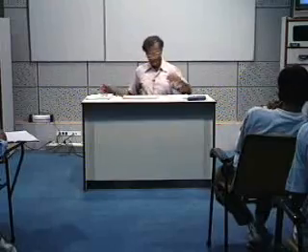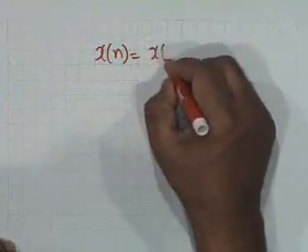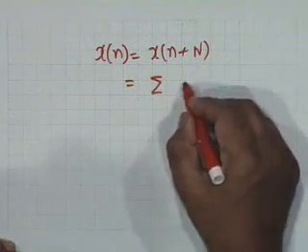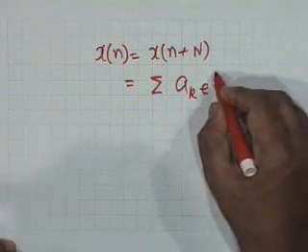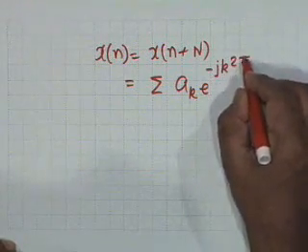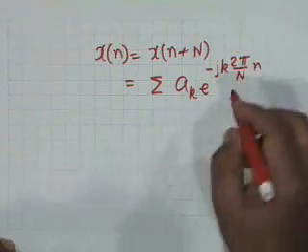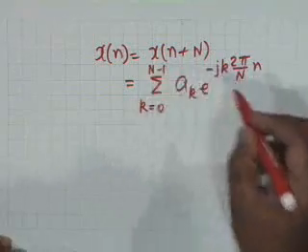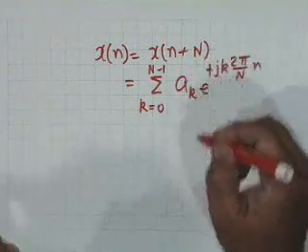So we summarize our discussion of Fourier series by saying if x of n is periodic, then x of n can be written as the sum of a_k e to the power j k 2 pi by N times n, where I have made a mistake. There is no minus here, this is plus.